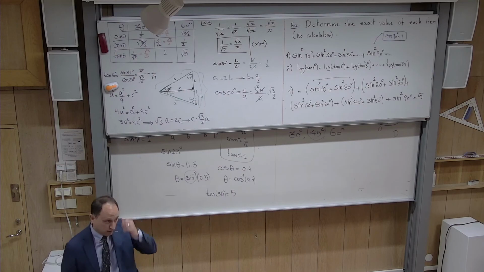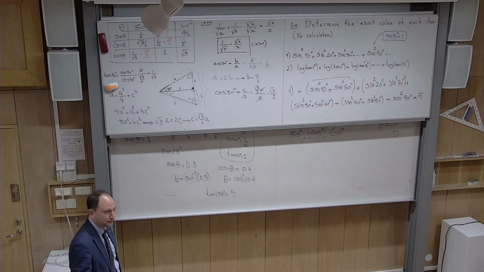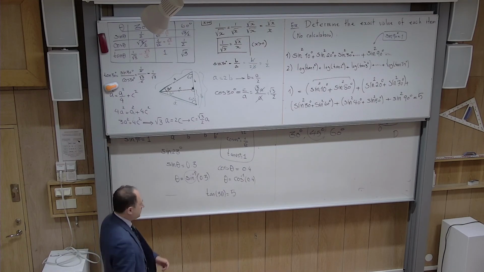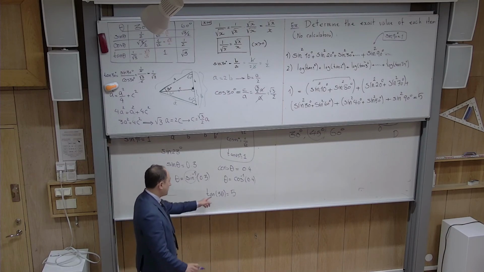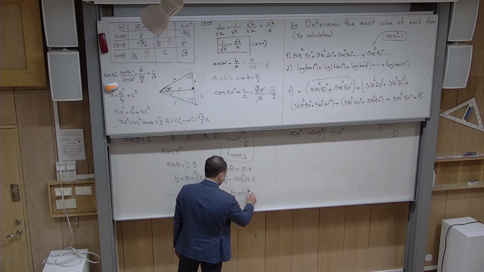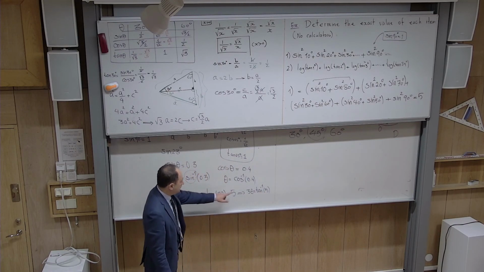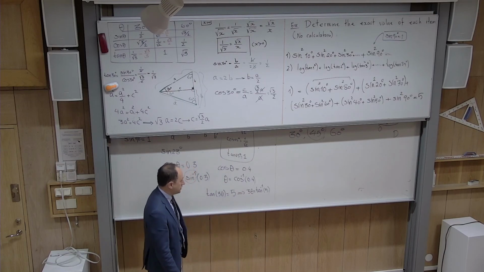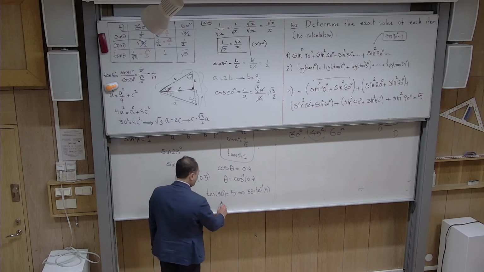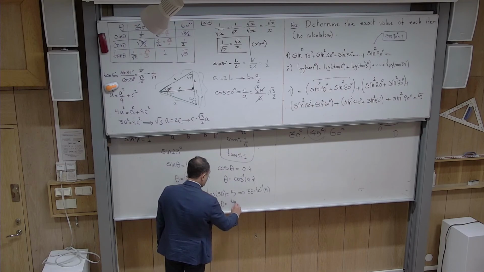Can I calculate this? Yes, we can, because there are no limitations for tangent. Tangent can be an extremely high number. So 3 theta is tangent inverse of 5. But I am looking for theta, so I have to divide everything by 3. So this becomes whatever the calculator gives me, divided by 3.